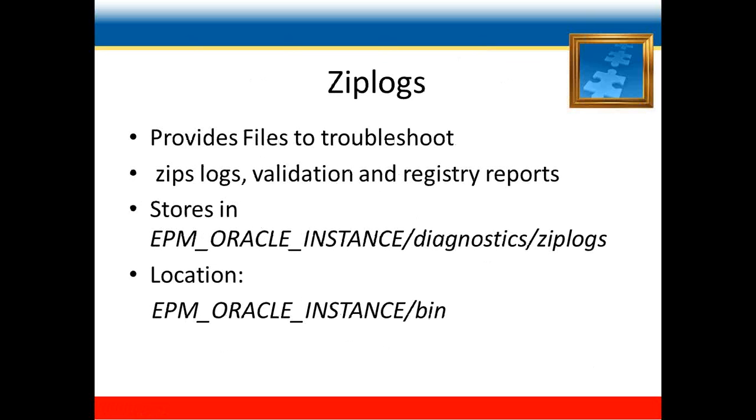Then the well-known utility ziplocs. It is widely used to zip all the logs that we have in our deployment. So this comes under the troubleshooting category, and there are some other utilities too for troubleshooting, but ziplocs is widely used and was present in some earlier Oracle Hyperion versions too.